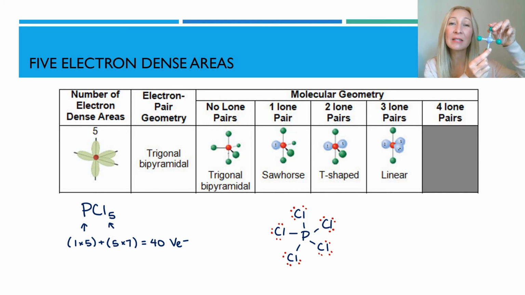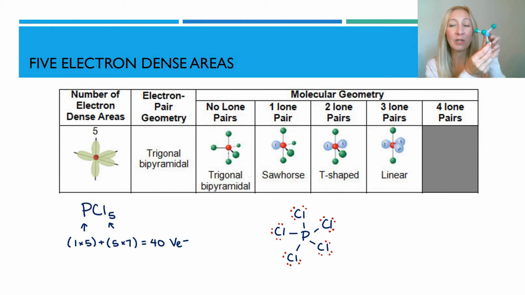These are the bond angles that are required so that the electrons can be as far apart from each other as possible. Remember, valence shell electron pair repulsion. And electron pairs are those bonds there. So we have 5 regions of electron density on this central atom, which gives us an electron pair geometry of trigonal bipyramidal.